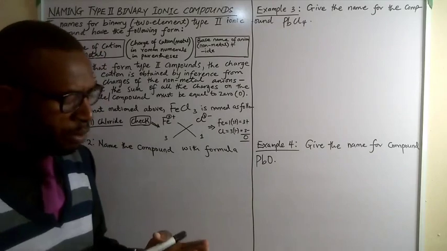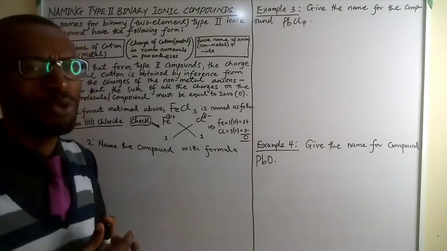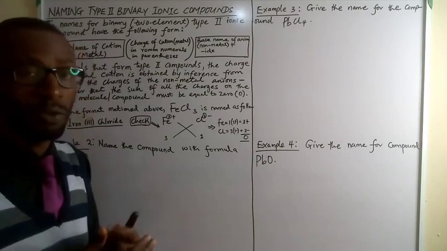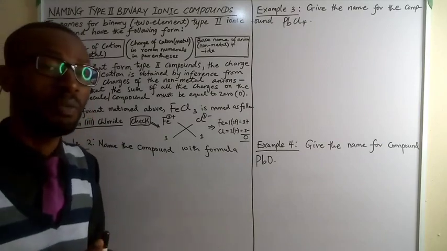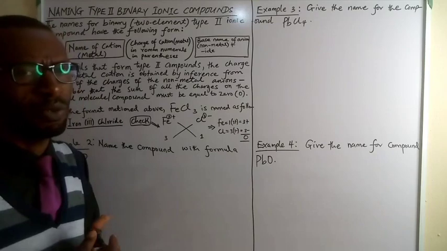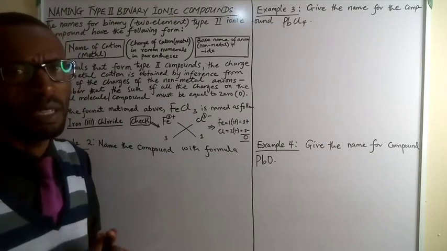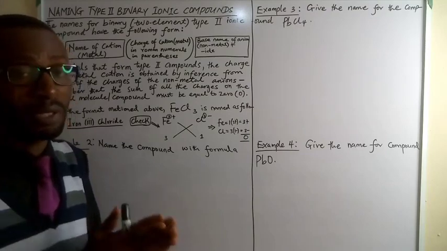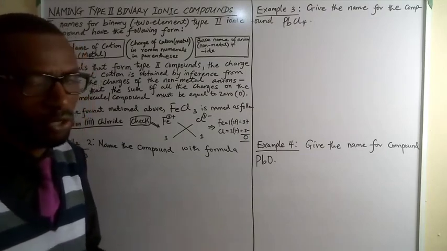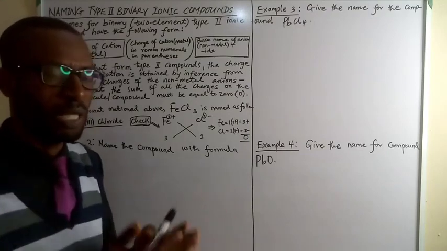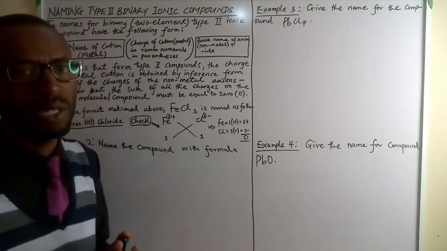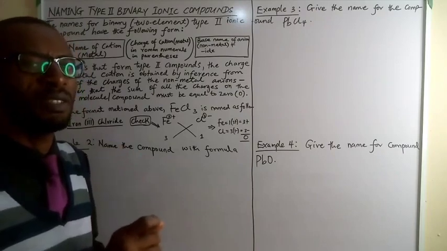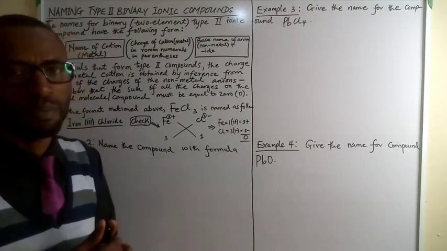Recall that in type 2 binary ionic compounds, the metals of concern are what we call transition metals, and these are metals that show variable oxidation states. To find the charge of the oxidation state of the particular transition metal in a given compound, we must pay attention to the sum of the charges on the anion.